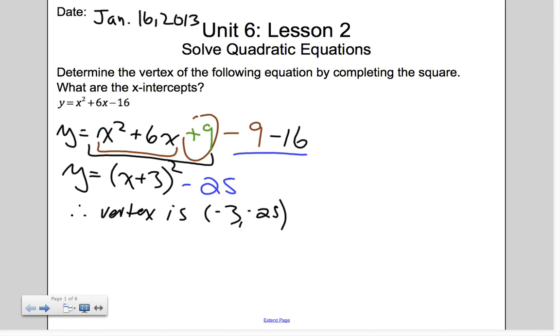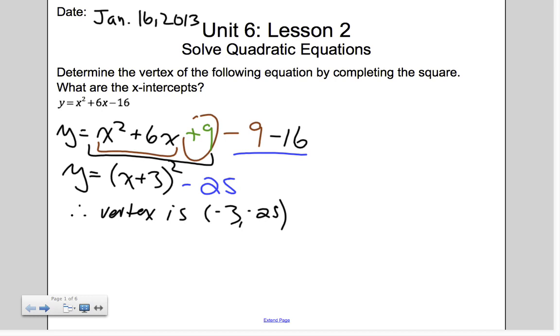So what values of x will make y 0? What was the technique that we used to actually calculate that? Sean? Make y 0. Make y 0, but then what do we have to do to the other side?